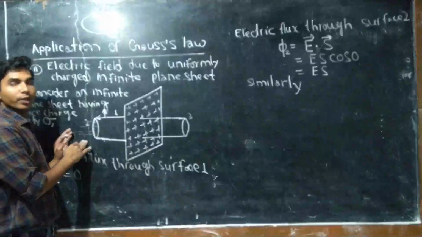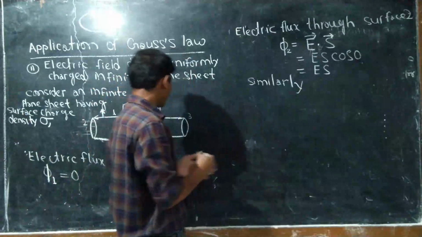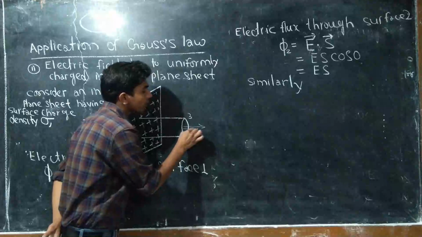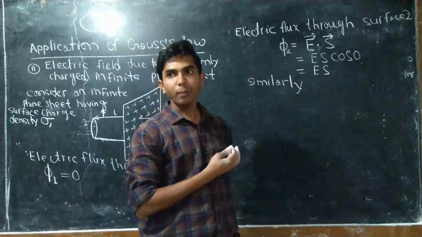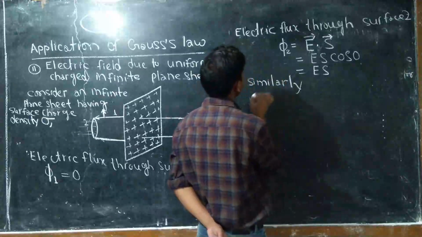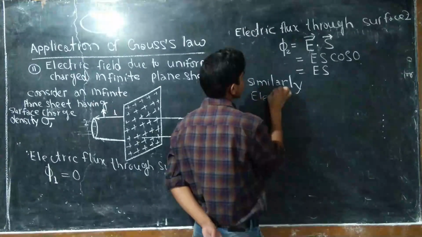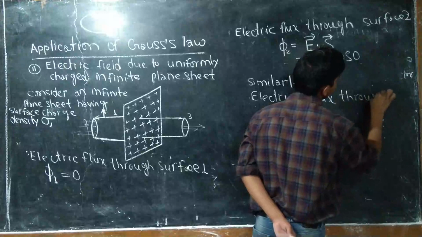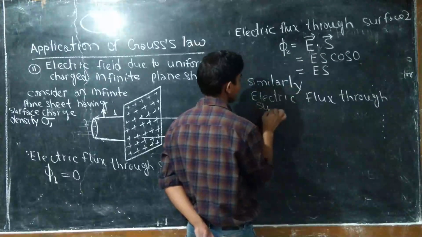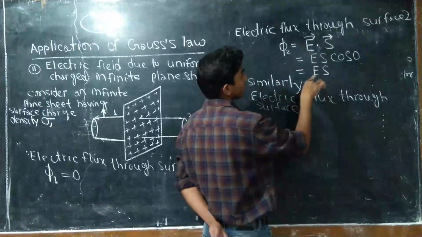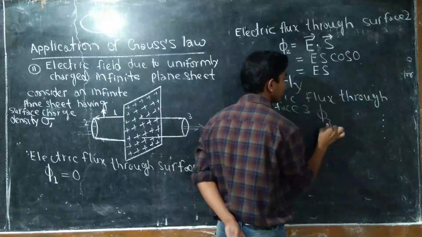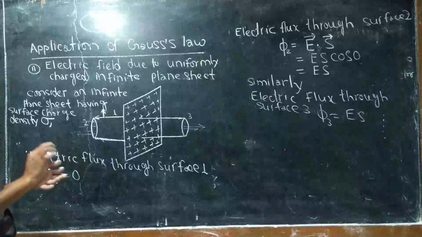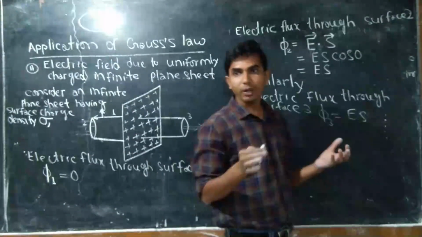Surface 1 and surface 2 are similar, because on this side the electric field lines are going in this direction and the area vector is also in this direction, so the condition is the same. So the electric flux through surface 3, phi 3, is again ES.